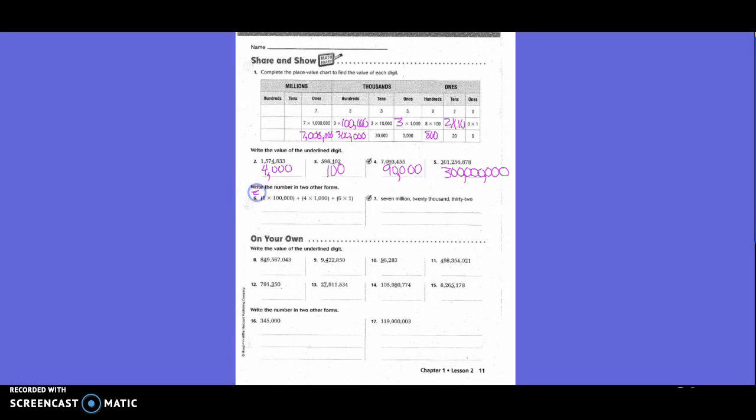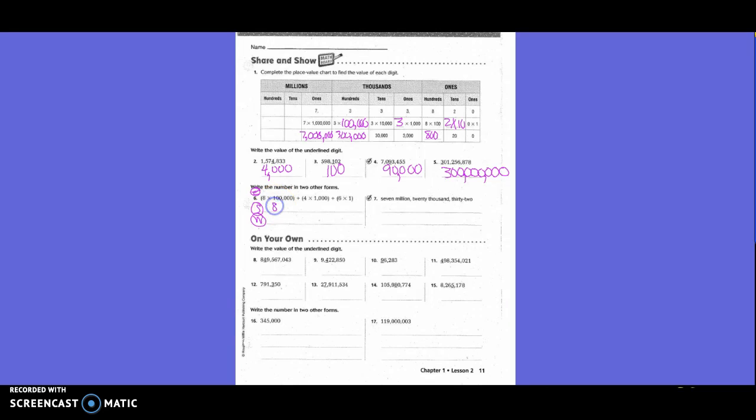So I want you to write an E and circle it. So what are the other 2 forms that we have to show it in? Standard and word, right? So I want you to write an S and circle it, and a W and circle it. Okay? So what are going to be my numbers? 8, and then we're in the thousands.